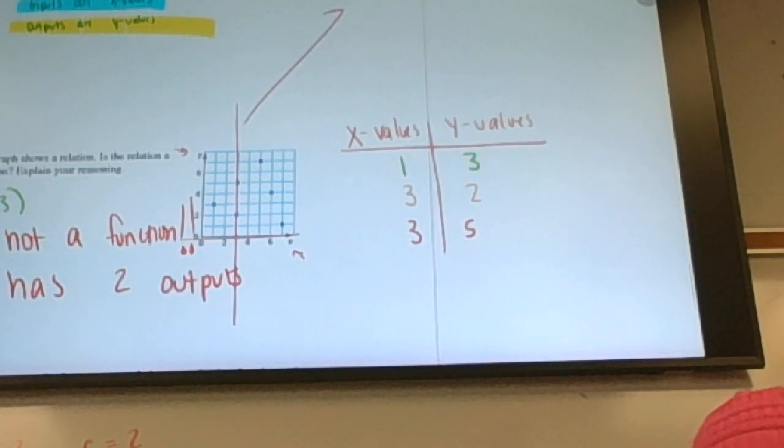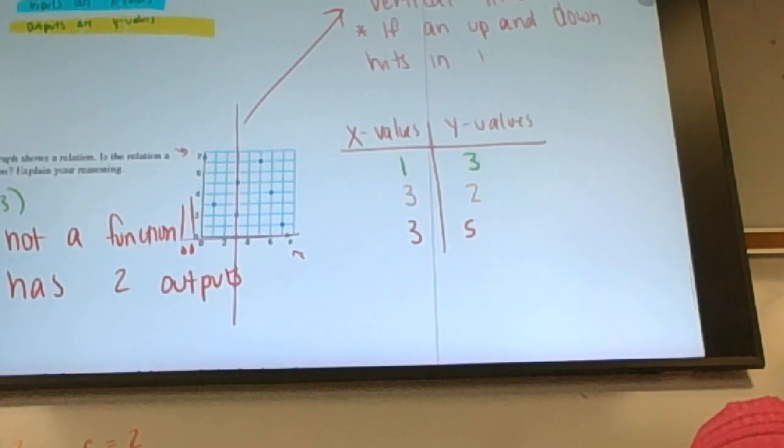So I'll tell you about that right now. Vertical line test: if an up and down line hits in two places, then you say not a function.